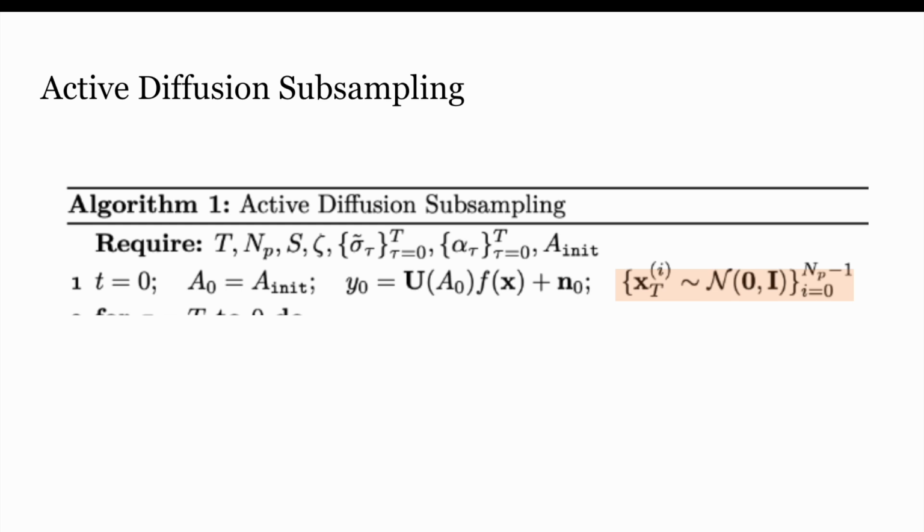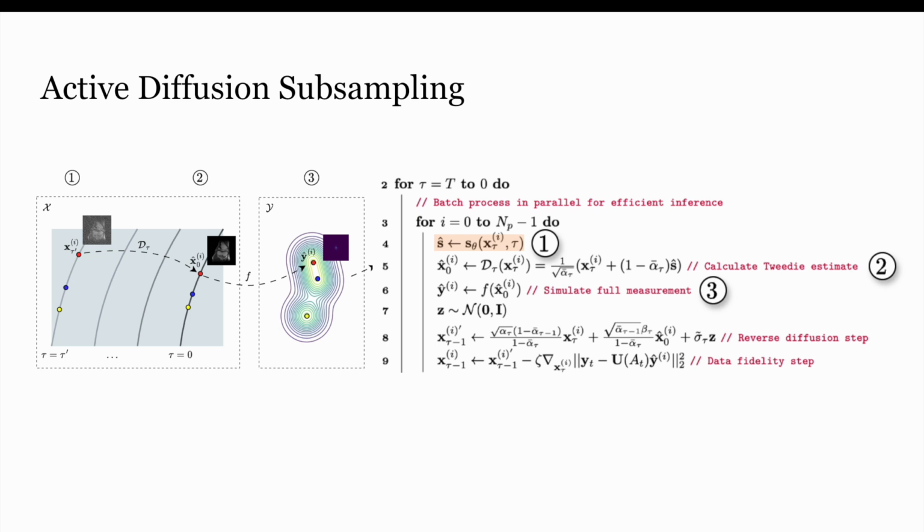Finally, we introduce this set of particles, which start off as random Gaussian noise images. The first part of the algorithm is this for loop, which iterates over each of the particles in our particle distribution and does regular diffusion posterior sampling. Nothing special going on here.